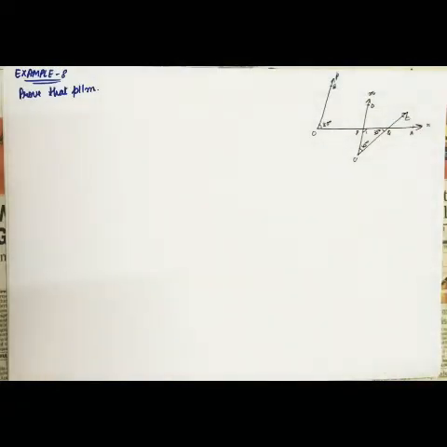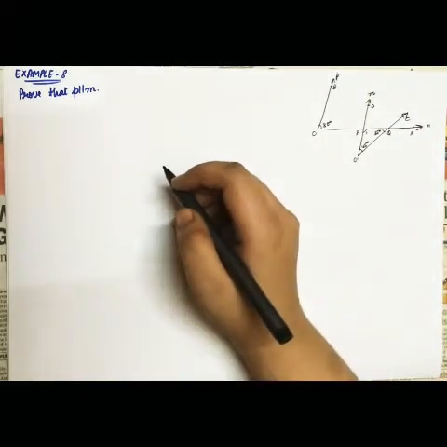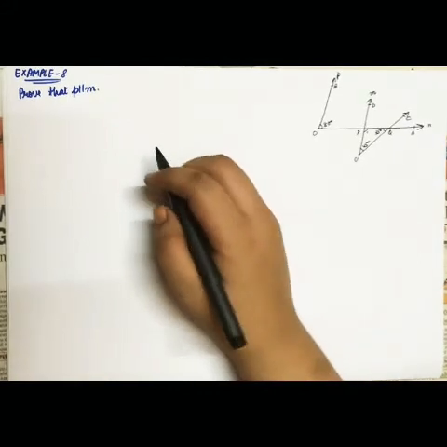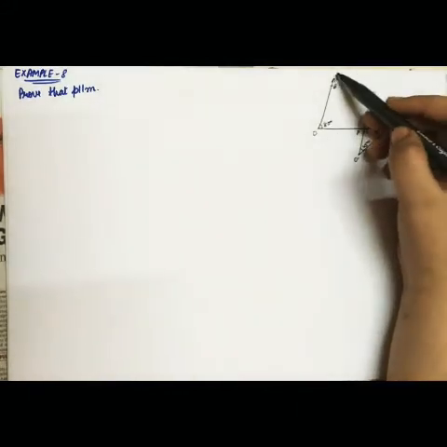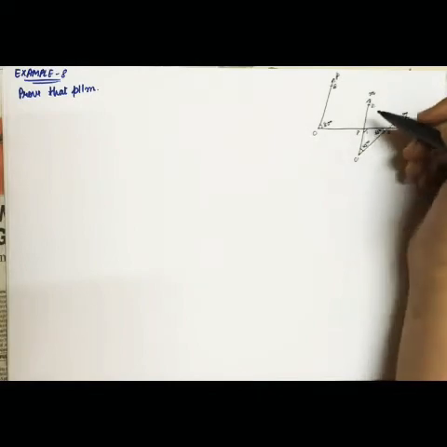Now example number 8. In this we have to prove that P is parallel to M, which means this line is parallel to this line.